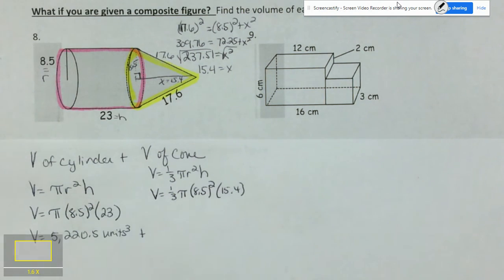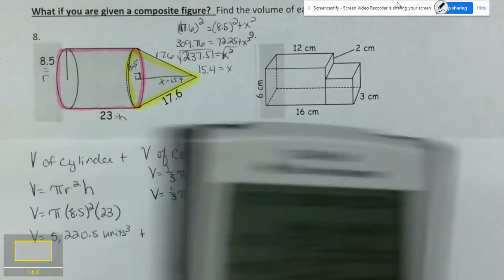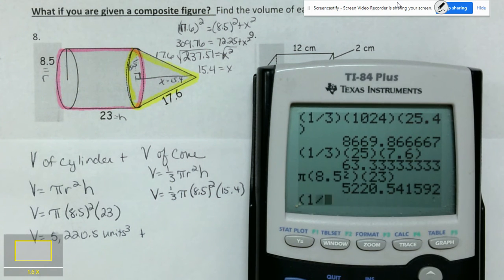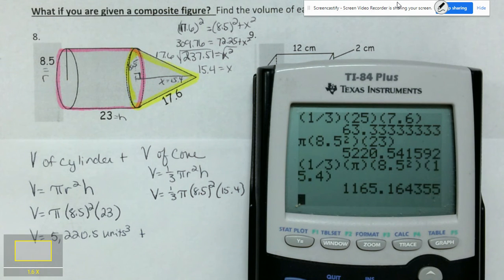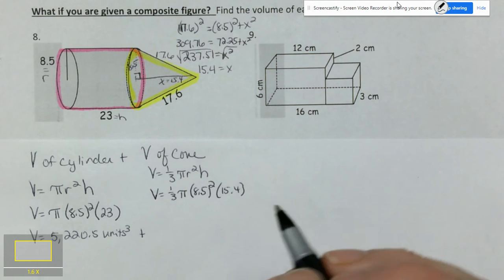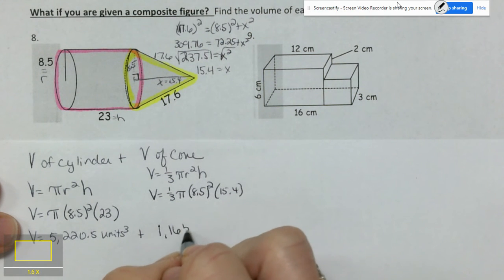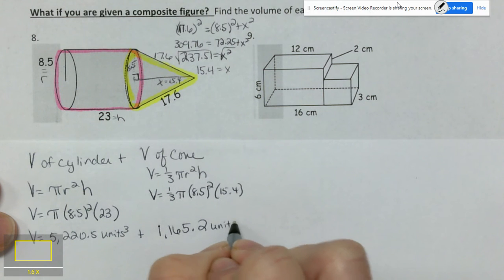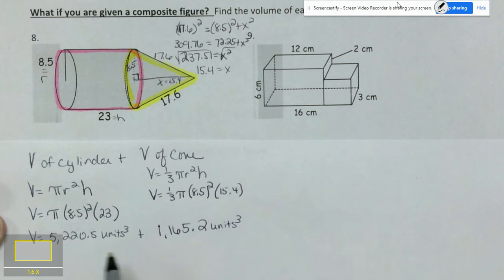Now we're going to key that in the calculator: 1/3 times pi times 8.5 squared times 15.4. That gives us 1,165.2 units cubed.